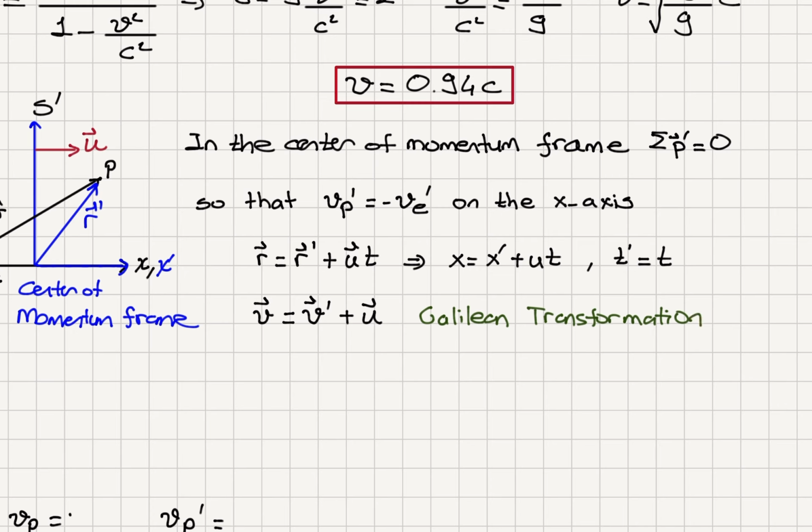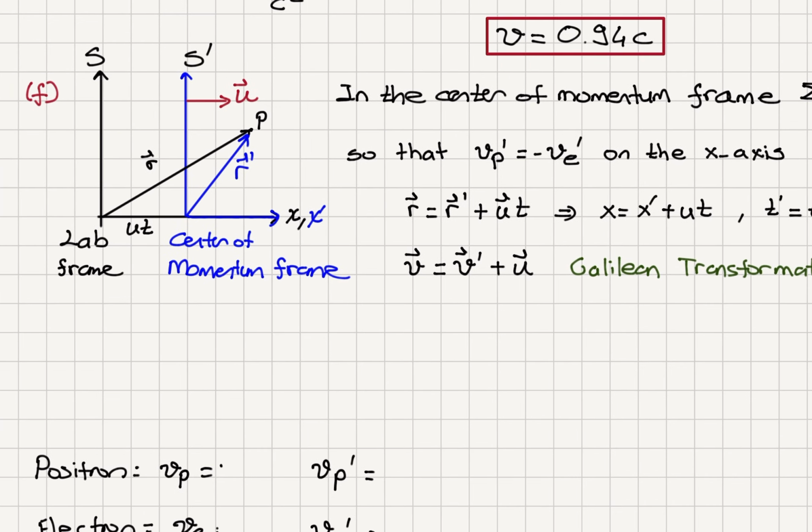Okay, and if I look at the Lorentz transformation version of this, you know that instead of x is equal to x prime plus ut, we have x is equal to x prime plus u t prime multiplied with the relativistic correction factor gamma.